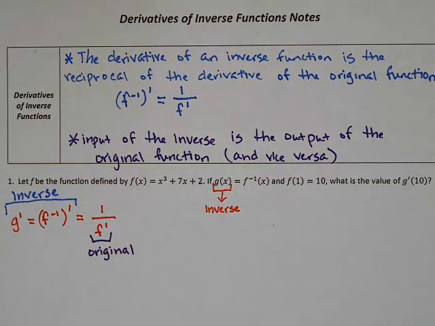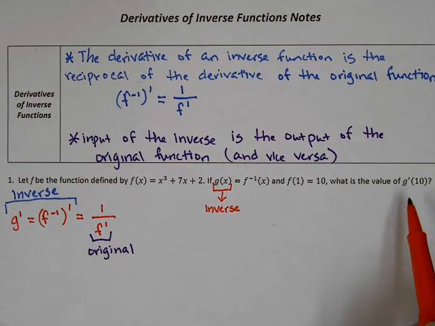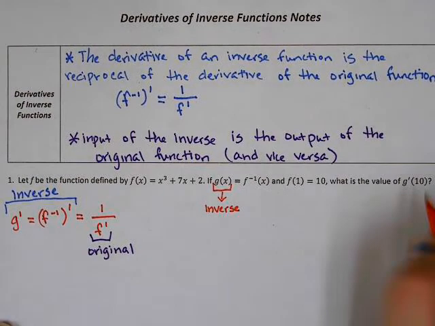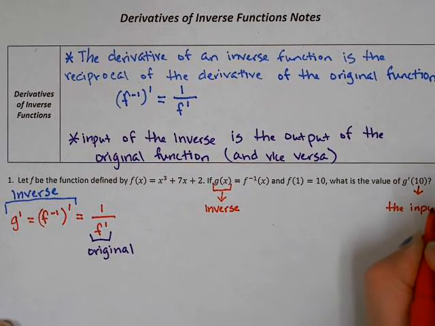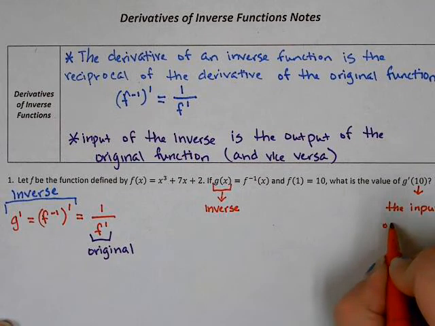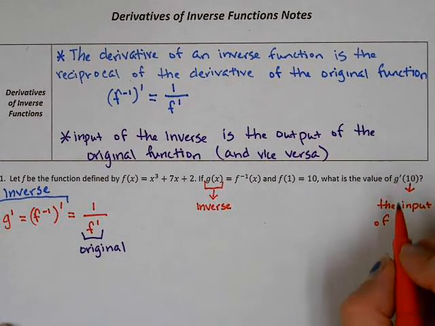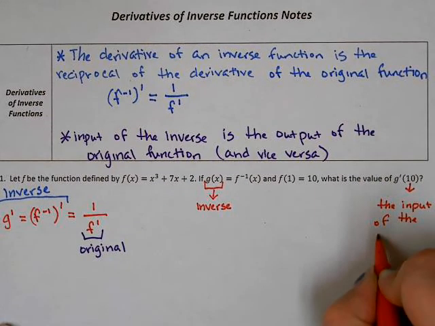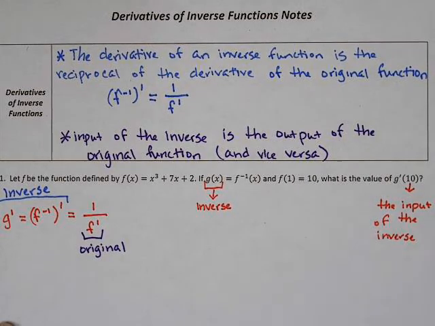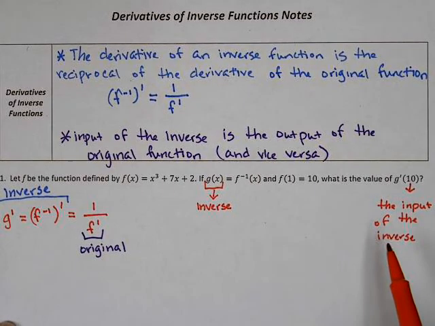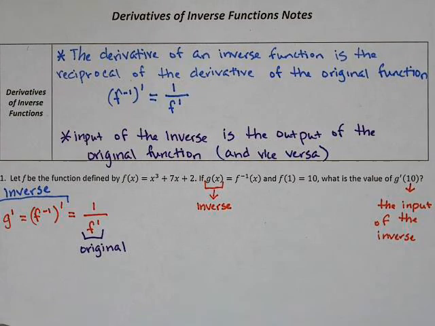Now we're looking for g prime of 10. Well, g is our inverse function. So this 10 right here, that must be the input of the inverse. So 10 is the input of the inverse. Now, when I do these problems, I always write two coordinate points.